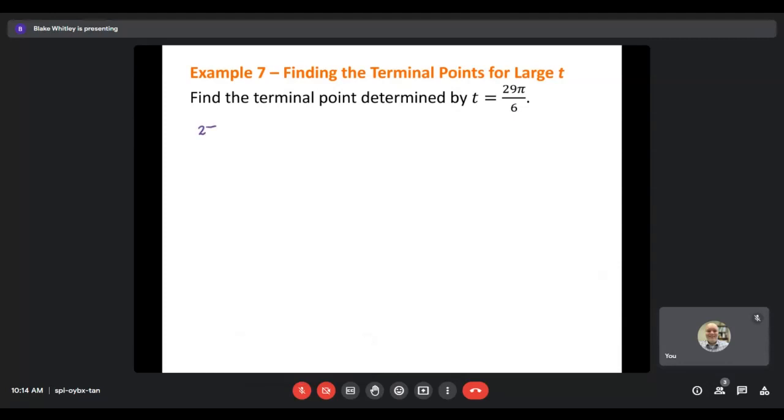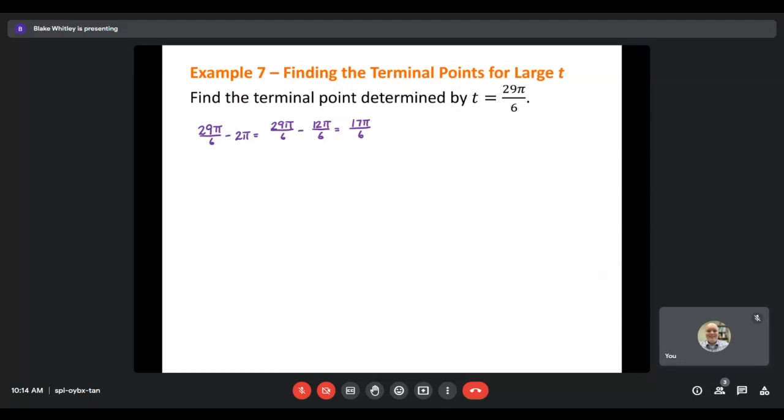So start by doing 29 pi over 6 minus 2 pi. Now we need a common denominator. We're going to do 29 pi over 6 minus 12 pi over 6. And when we do that, that should give us 17 pi over 6.